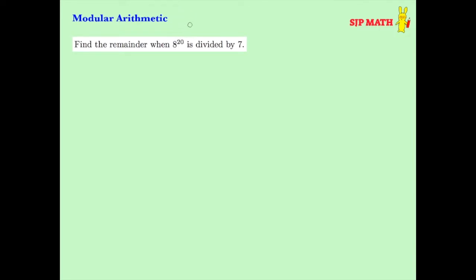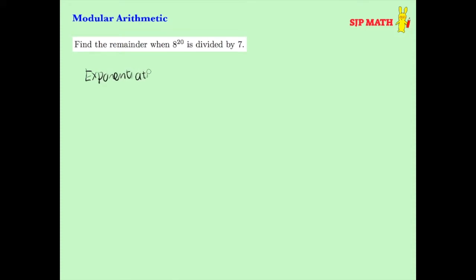Again, we can use modular arithmetic to easily solve this problem without even having to calculate the value of this. So again, I recommend you pause the video and try this problem out for yourself before I tell you the solution. So you're back. And this time we're going to be using the exponentiation rule.